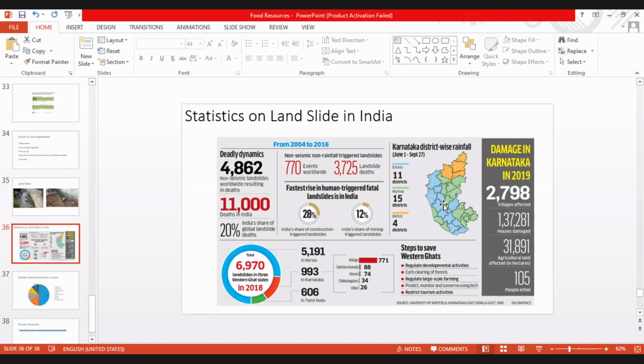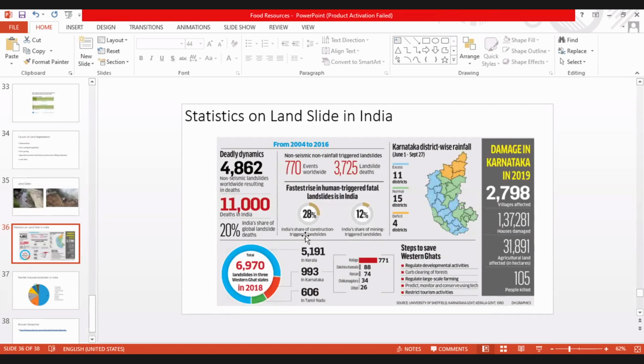So rainfall-triggered landslides have increased drastically in the last few decades, and the reason behind that is unaccounted or unchecked deforestation, because land becomes loose, and whenever the rainfall is there, we observe a lot of landslides.